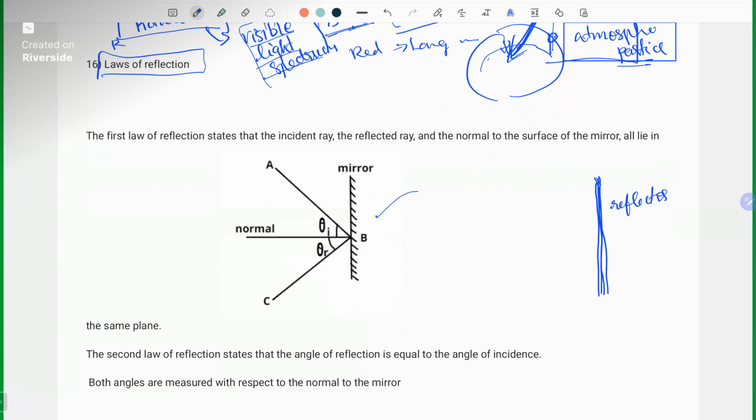So A here is the incident light. We pass an incident light ray onto a surface at an angle, not in a straight line. Then it will reflect, because the mirror is a polished plain surface, so it will reflect it, and this is the reflection.